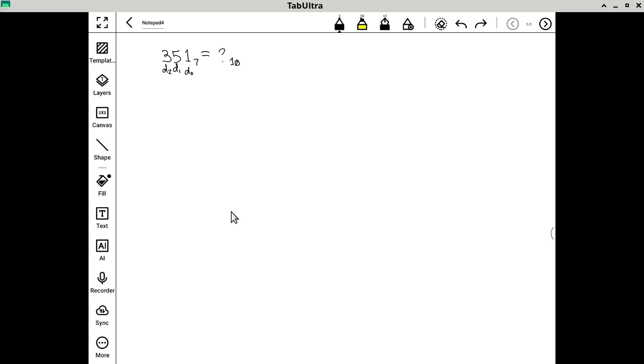What are they telling us? This is a base 7 number. So the value of this number is whatever D0 is, what do I multiply to D0? Yep. So it will be 7 to the power that corresponds to the position of the digit.